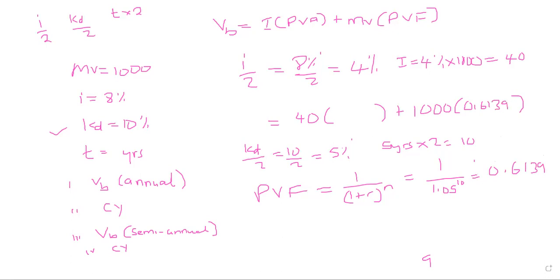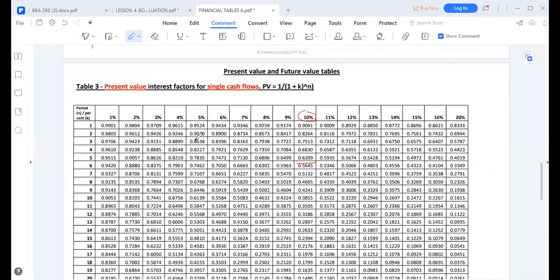So let's also see whether it's tallying with our interest factor. That is under 5%, under 10. Let's check to tally. 5% under 10. Are we getting 0.6139? Exactly. You can use either way.